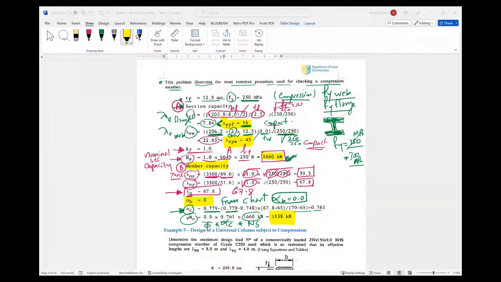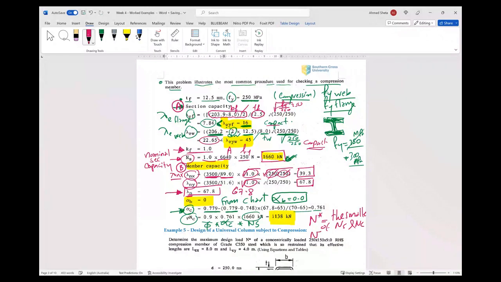Yeah, you see here, I'll just share because this is the procedure for all the elements. We have section capacity and the member capacity. So N star, I will write down another line here. So N star is equal to the smaller of Ns and Nc.